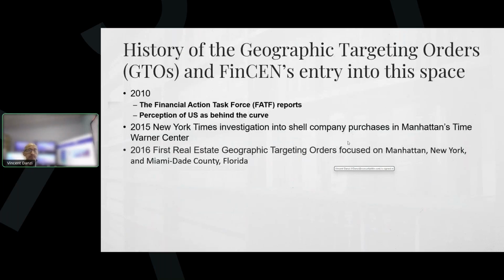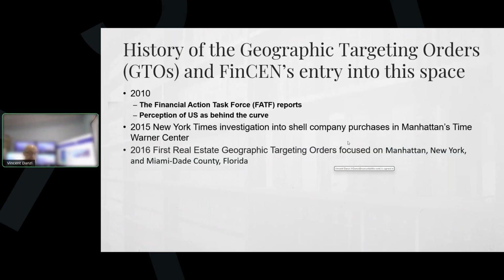Now, beginning in the late 2010s, it started to be perceived that real estate was a kind of a loophole that criminals were exploiting in order to avoid the regulations that major financial institutions are subject to.